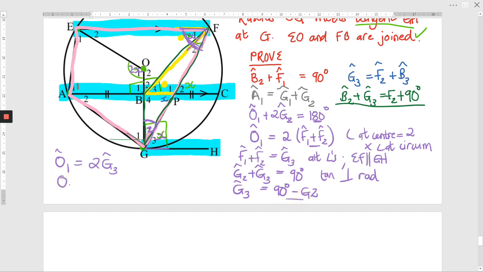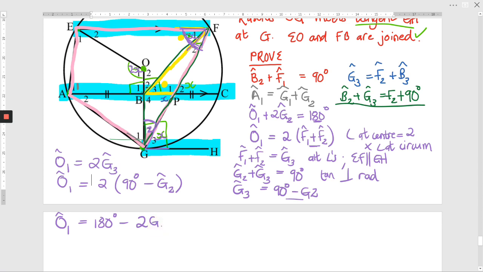So then I can say, okay, O1 equals 2 of those guys. And now I'm getting to my 180 minus my G2. Okay, once I've got that in place, I can now multiply out. So I can say O1 equals 180 minus 2 of G2. Do you see how I'm getting closer?